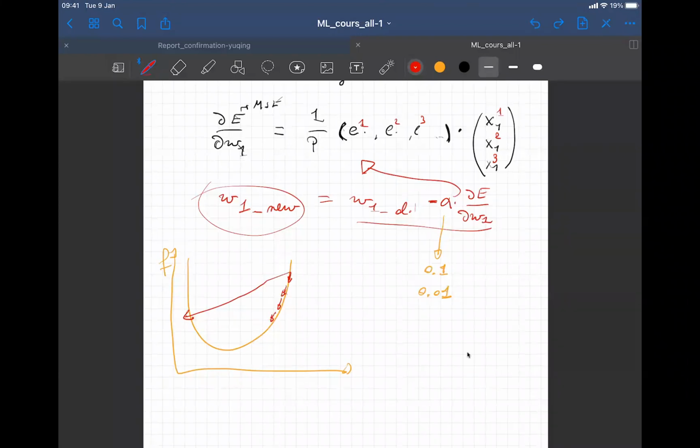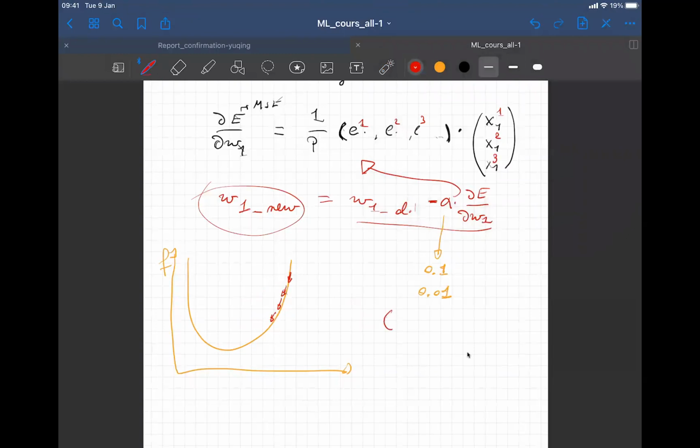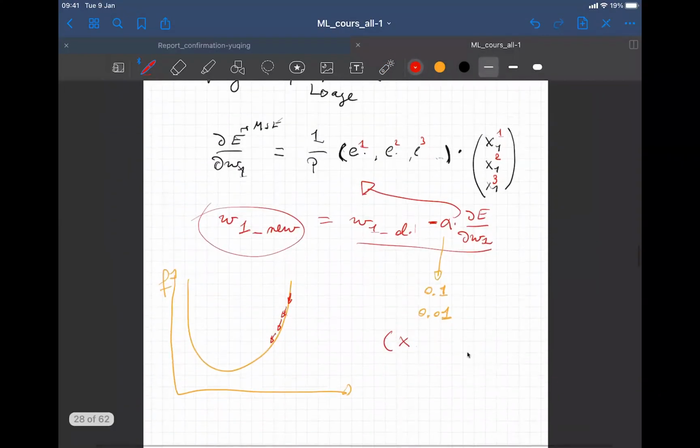problem, the learning. But one thing I can say is that one thing that helps a lot is to scale the data. So if you scale the X and the Y, the Y is not even needed, but if you scale the features, let's say X, so here let's put the age.